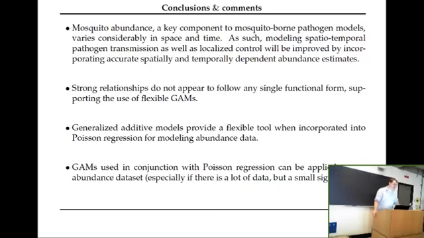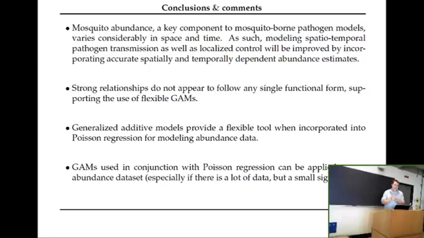Modeling spatio-temporal pathogen transmission, as well as modeling localized control, seem to require some amount of understanding of spatially and temporally dependent mosquito abundance estimates. And so hopefully by producing spatially and temporally dependent mosquito abundance estimates, we can start answering questions in a much more accurate and systematic way.